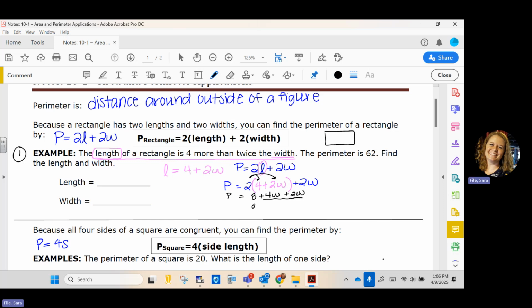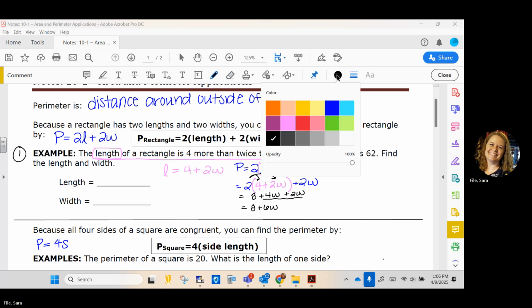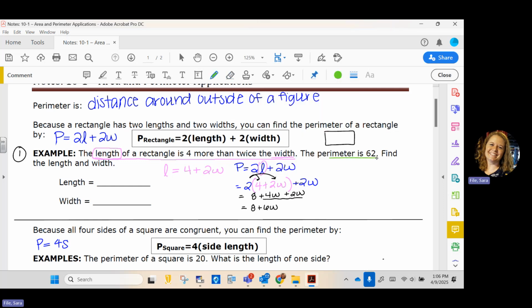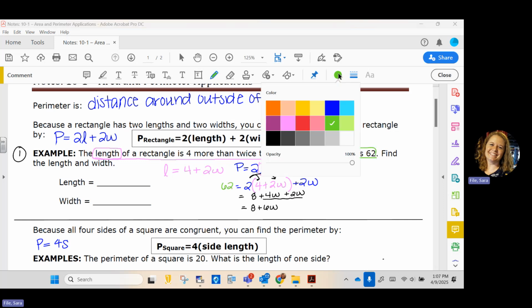So that is 8 plus 6W equals the perimeter. Now, I'm going to come up here and plug in for the perimeter because they said the perimeter up here is 62. So I'm going to plug in a 62 over here for the perimeter.